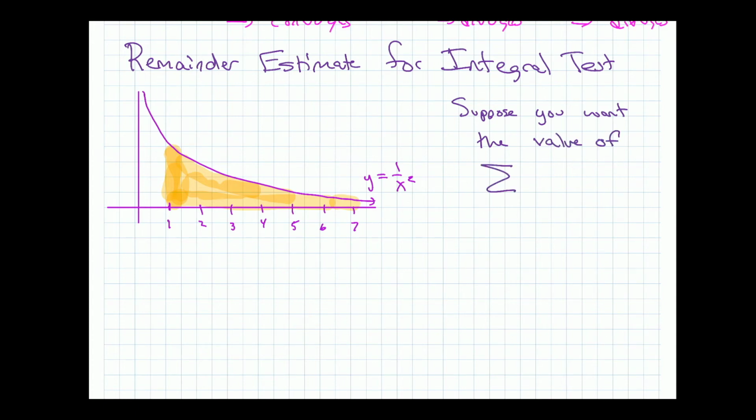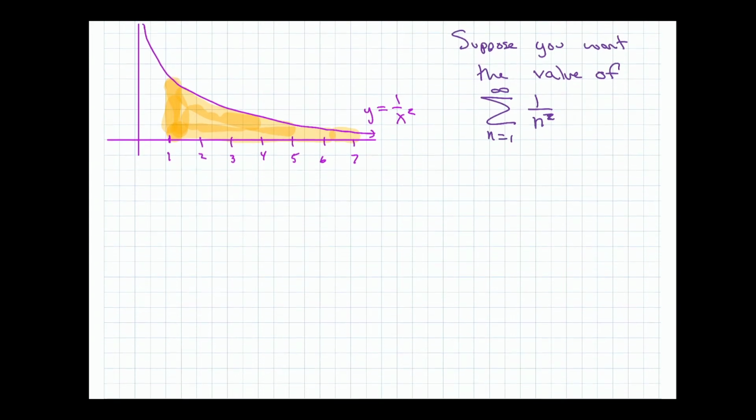Let's say we're looking at the series 1 over n squared, which looks a lot like the integral of 1 over x squared. Suppose you want the value of the sum of 1 over n squared from 1 to infinity. Now you can't calculate the whole sum. You don't know how. So what are you going to do?